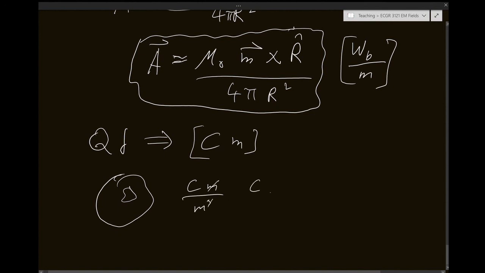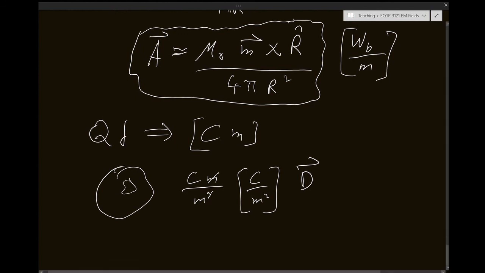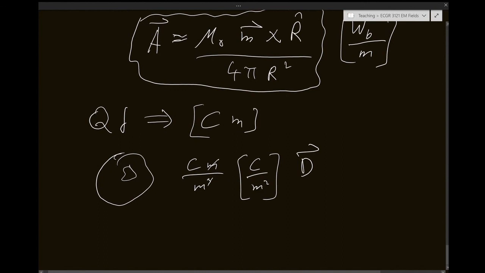I end up with Coulomb over meter squared. I get the same unit as the D vector, which is the flux density. So that led us to say that the flux density in a way describes dipoles in free space. So polarization and the flux density are really the same thing.